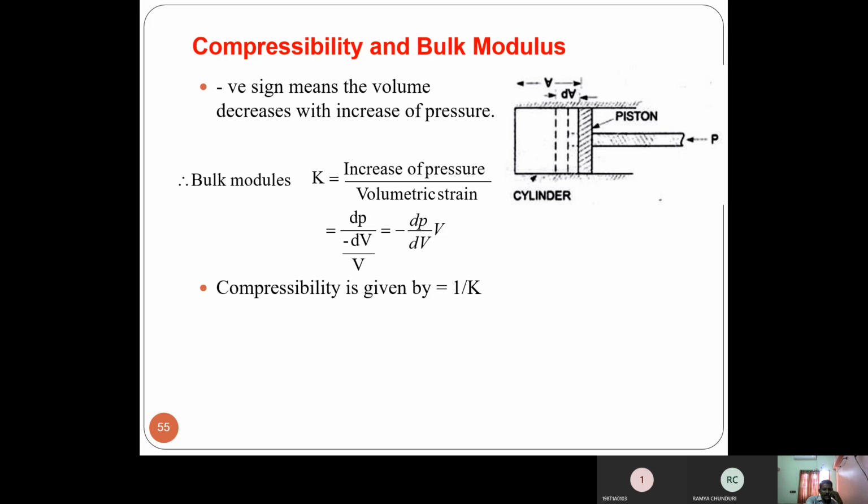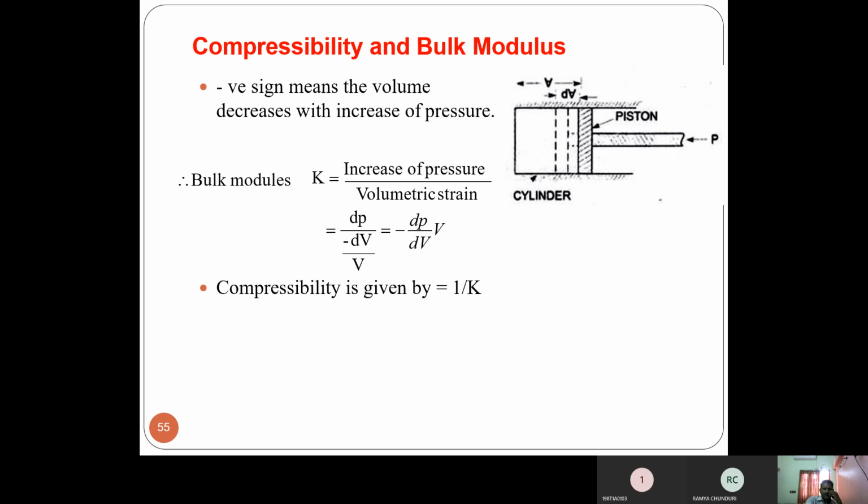So you can put capital K equal to bulk modulus, that is equal to increase of pressure by volumetric strain. Understand? Compressibility is nothing but the reciprocal of bulk modulus. In other words, compressibility is the ratio of volumetric strain to increase of pressure.